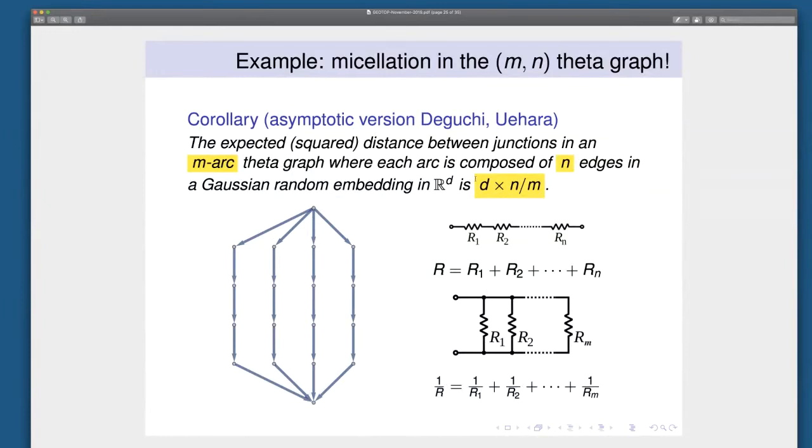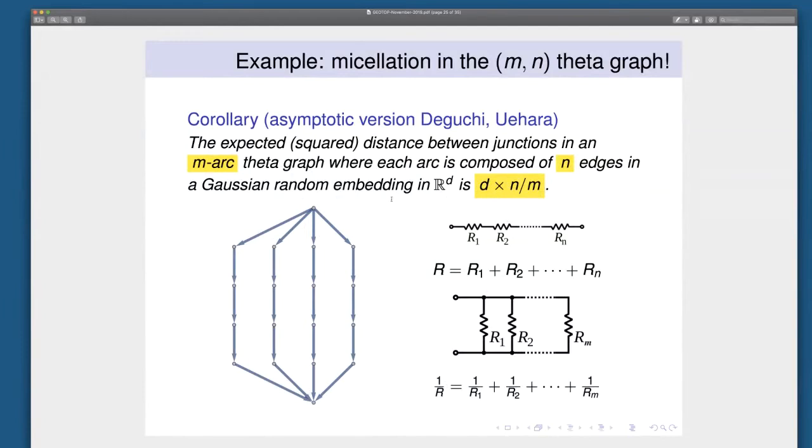So we get this formula that the expected distance is the dimension you're embedding the graph in, this is usually 3, times N, the number of monomers in each arc, divided by M. And this is, of course, a classic result for ring polymers that you get N over 2 for the ring polymer, where you got N over 1 for the linear polymer.